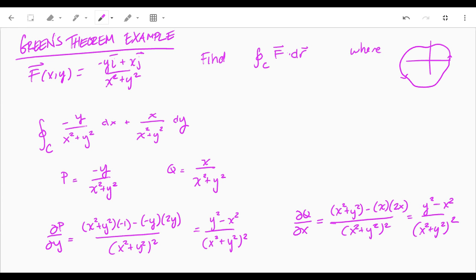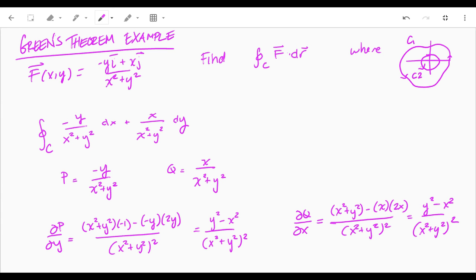So what we can do instead is call this C1, and then we're going to make a little circle around here, positively oriented, and this is going to be C2.